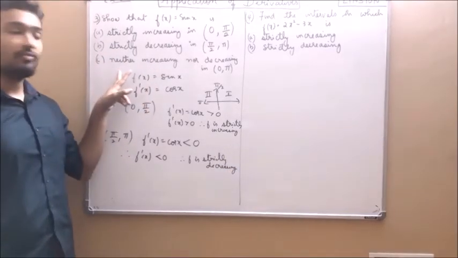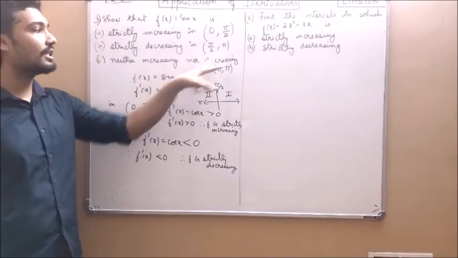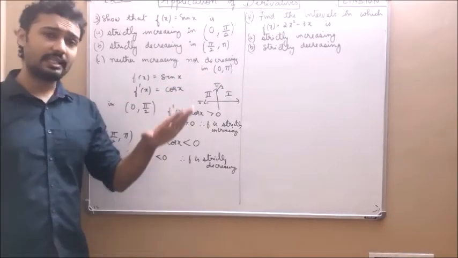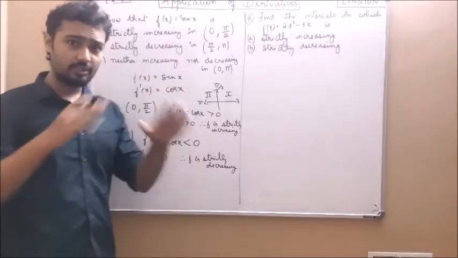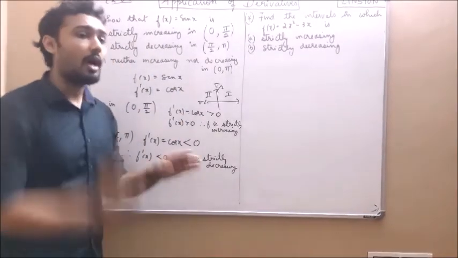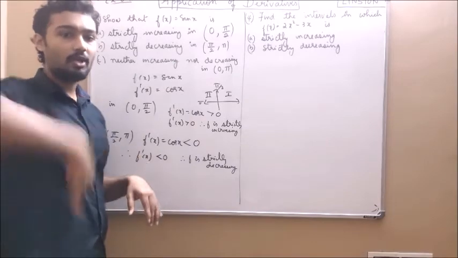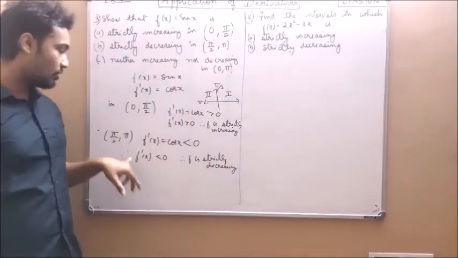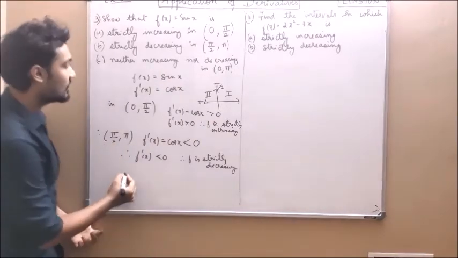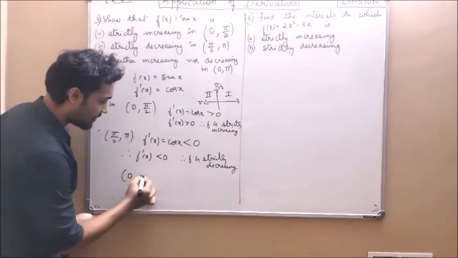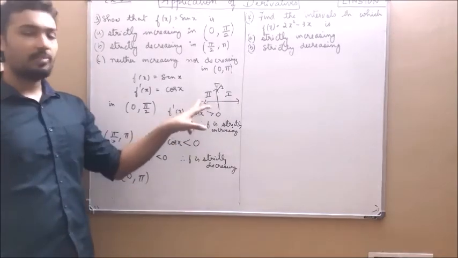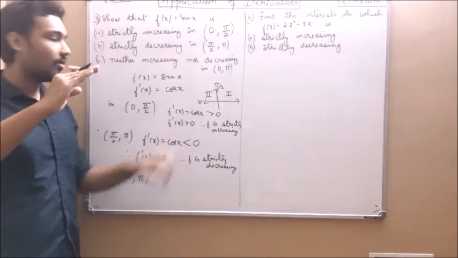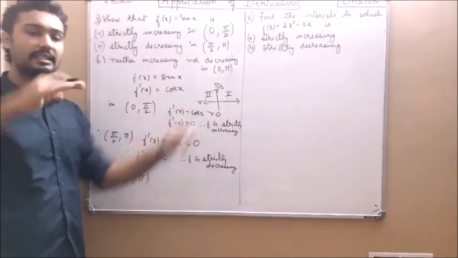Next, what they have asked is to show that it is neither increasing nor decreasing in 0 to pi. So I told you, if it should increase, it should increase throughout. If it should decrease, it should decrease throughout. Up down means it is neither increasing nor decreasing. So you take this interval 0 comma pi. From 0 to pi by 2 it is increasing, from pi by 2 to pi it is decreasing.